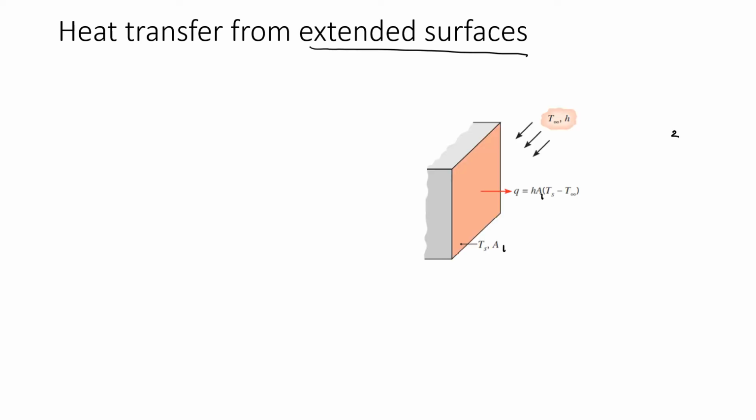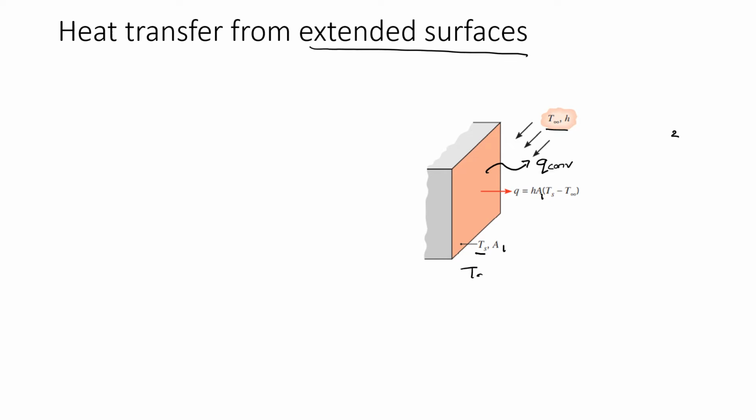So let's answer the basic question: why do we need extended surfaces, and what do we mean by extended surfaces? Let's understand this with the help of an example. Let's say we have a plane wall which is at temperature Ts and has an area A1, and the surrounding temperature is T infinity, and the air is blowing over the surface of the wall and has a convective heat transfer coefficient of h, and it's losing heat to the surrounding through convection.